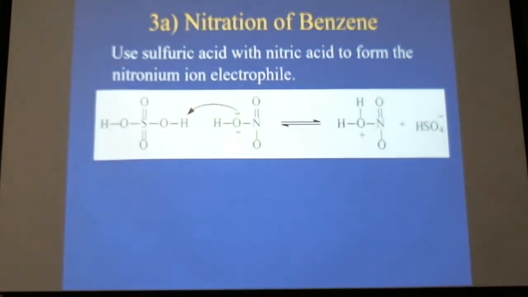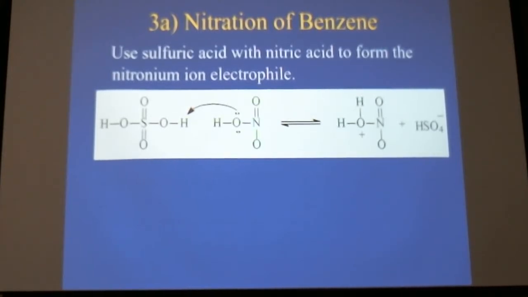Nitration of benzene. The reagents are sulfuric acid and nitric acid. Neither of those two acids does you any favor if you spill them on yourself, but the mixture of the two is even worse. One in here is acting as an acid and one is acting as a base.